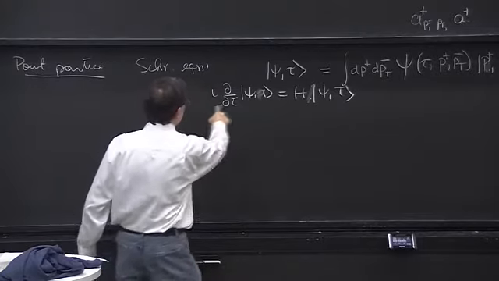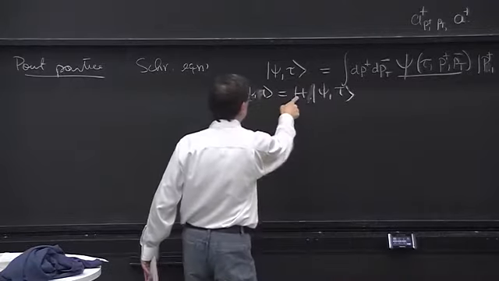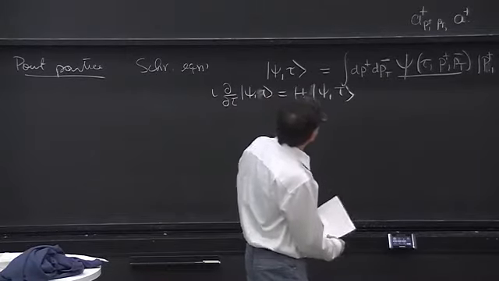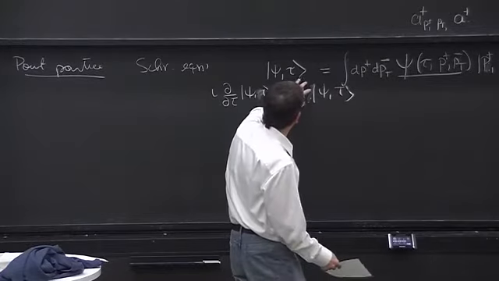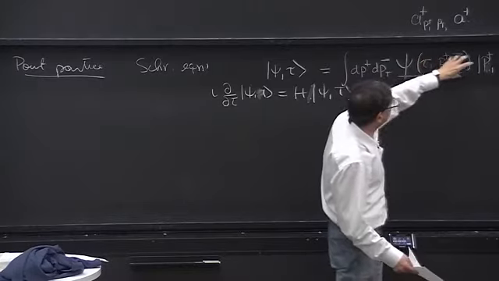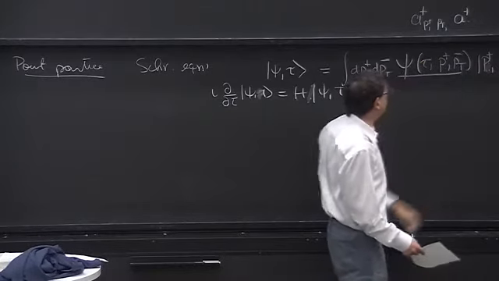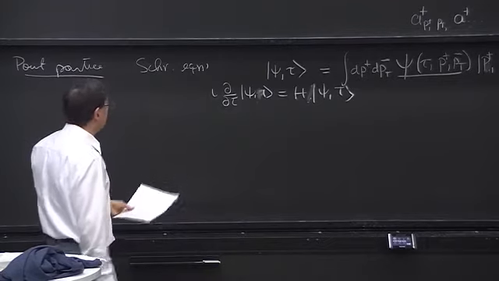If we do d/dτ of this thing, the d/dτ goes into the psi. The H operator is p transverse squared plus m squared over 2m squared. So the H operator comes in here, goes through the psi, doesn't care, goes to the state and puts p over 2m squared.